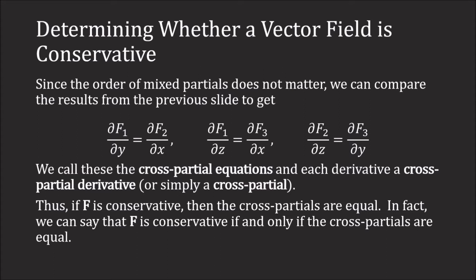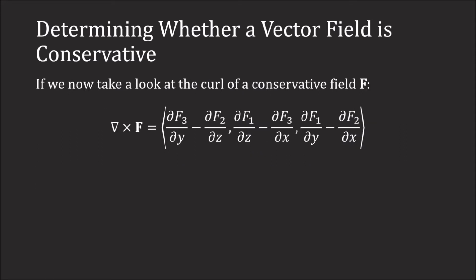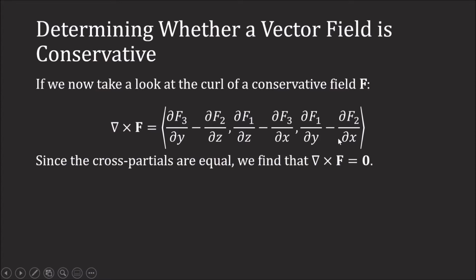If we now take a look at the curl of a conservative vector field, then this is what we get. However, as we just saw, all these cross partials are going to be equal, and so the curl of a conservative vector field is 0. And again, in fact, this is an if and only if statement.